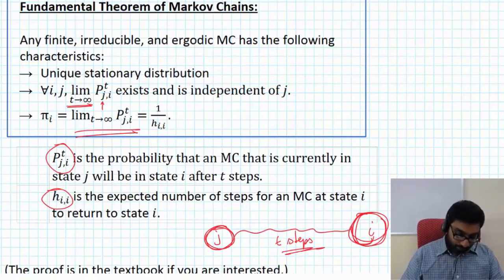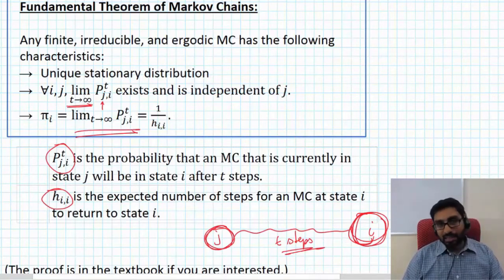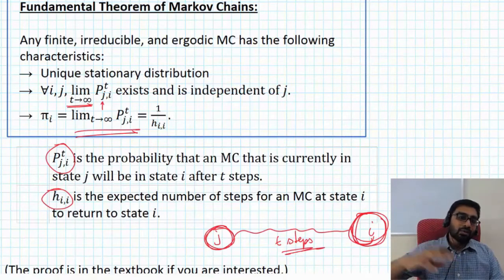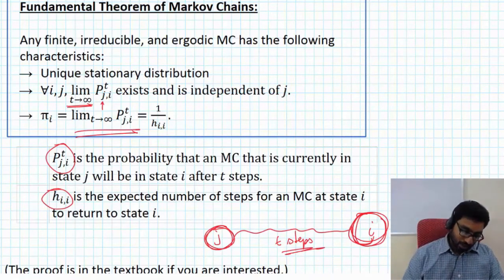And finally, let's remind ourselves what h_ii is. h_ii is the expected number of steps for a Markov chain at state i to return to state i. So you're at state i. How long does it take to take a walk, but then return back to i? If you look at 1 over h_ii, it gives you a sense of how frequently you will be coming back to state i.